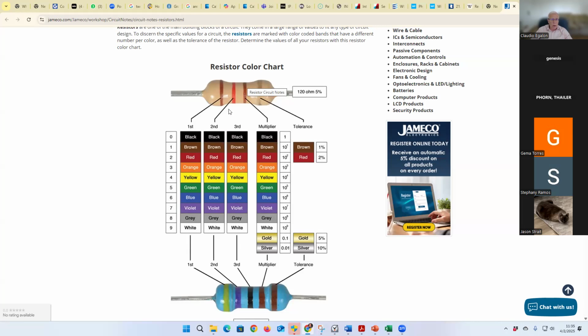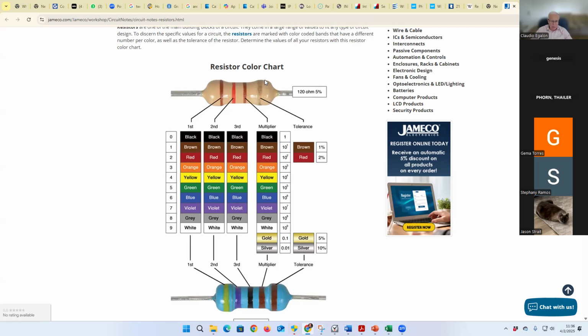Brown represents the number 1. Red represents the number 2. So you have 12. The multiplicative factor is brown, which is a power of 1, so it's 10 to the first power. So it's 12 times 10, 120 ohms. That's why he wrote down 120 ohms, okay?